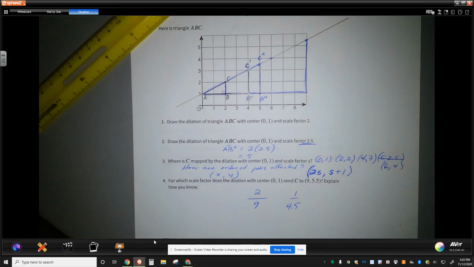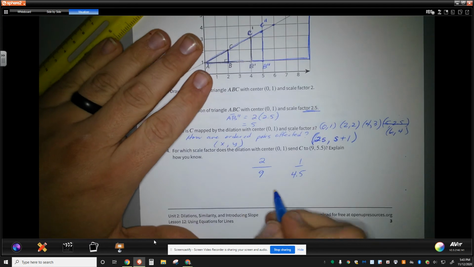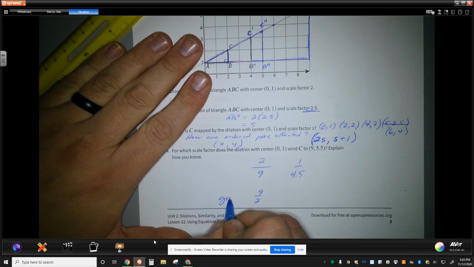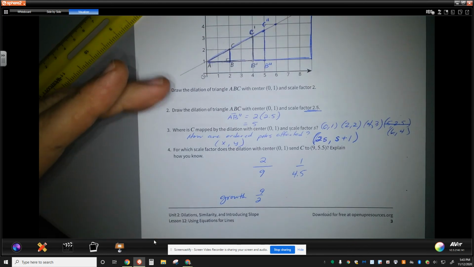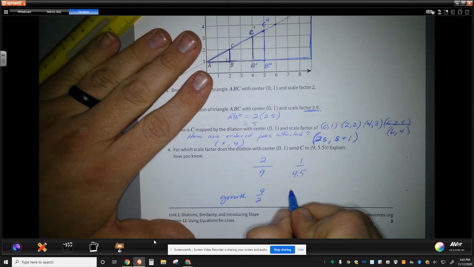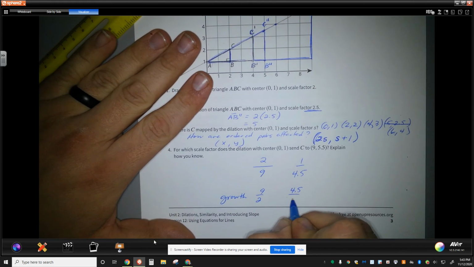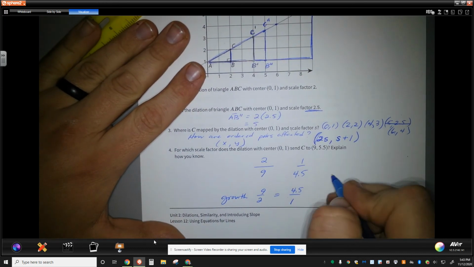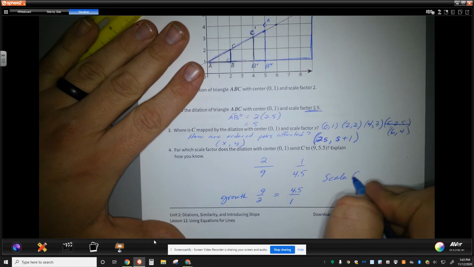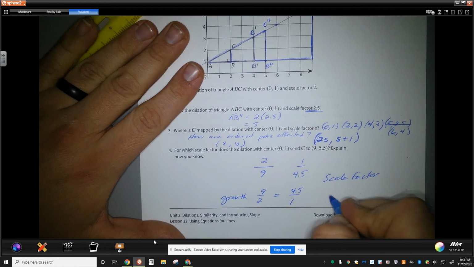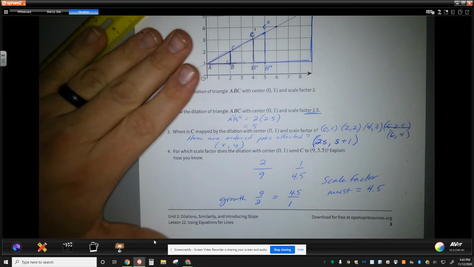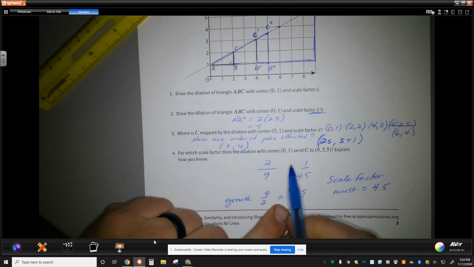So if we're growing, those ratios won't work, so I can take the reciprocal and take 9 halves to show growth, because I know that my scale factor has to be greater than 1 for growth. And I see 4 5/10 over 1, and actually these two are equal. I know that my scale factor must be 4 5/10, because look at this.